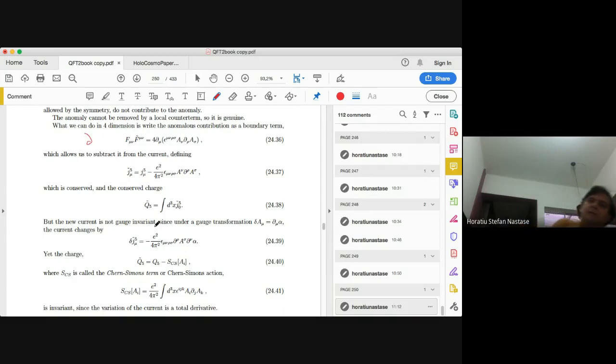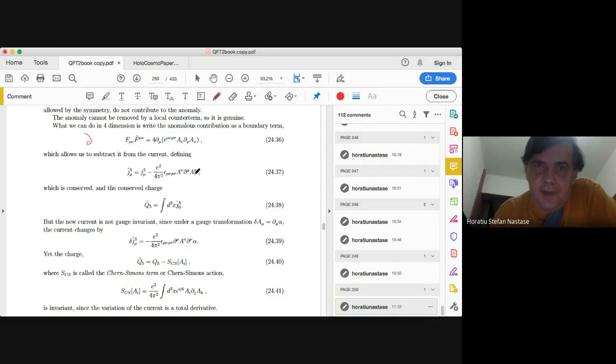So this redefined current is conserved, but it's not gauge invariant, because if I vary the gauge field, the variation of a mu is d mu alpha. J mu 5 is gauge invariant because it's psi bar with psi, so the exponents cancel. But this part is not gauge invariant.